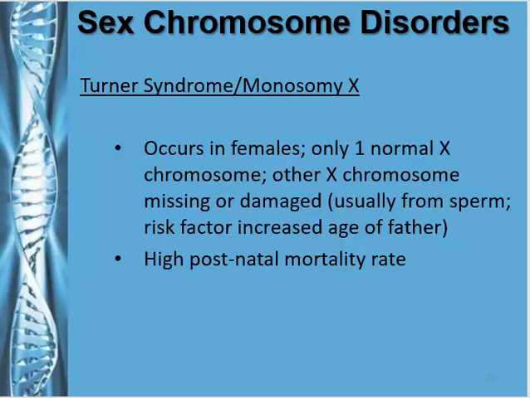So it happens if the father is of advanced age, because with age comes more and more mistakes in meiosis. They have a high mortality rate just postnatally, so they often die as babies.